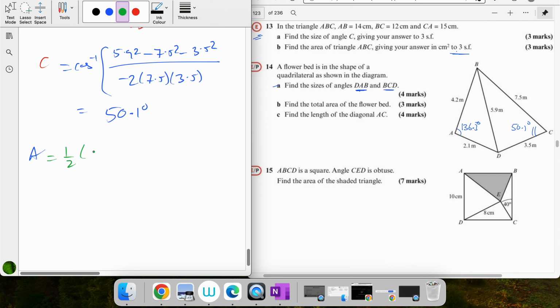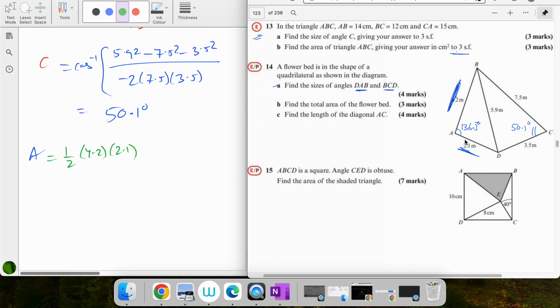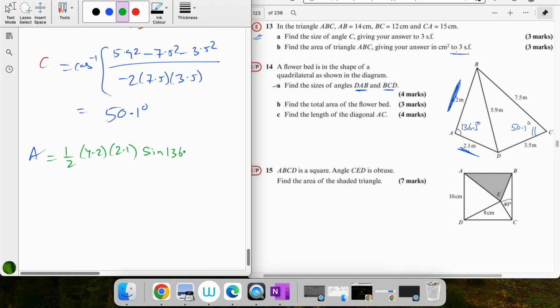The left one is 1 by 2 AB sine C, 4.2 times 2.1, and angle between them is sine 136.3, plus on the other side 1 by 2, this is 7.5 times 3.5 times sine, angle between them is 50.1. 0.5 into 4.2 into 2.1 into sine 136.3 plus 0.5 into 7.5 into 3.5 into sine of 50.1, and I get an answer of 13.1 meter square.